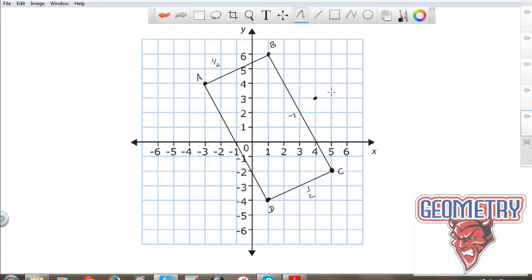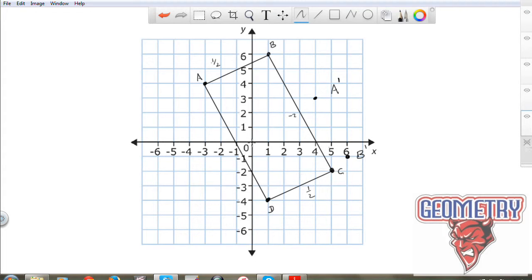So this is our new point, A prime. Then B is going to rotate 90 degrees clockwise. It's going to go from quadrant 1 here into quadrant 4. So if it started off at 1, 6, it's now going to be at 6, negative 1. So there's B prime. And points C and D were in here in quadrant 4. They're going to end up here in quadrant 3.